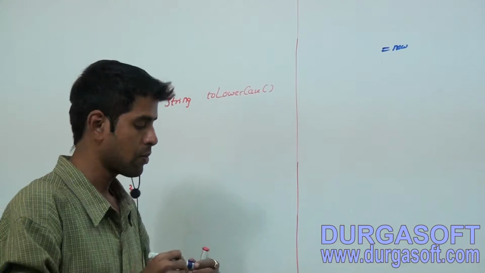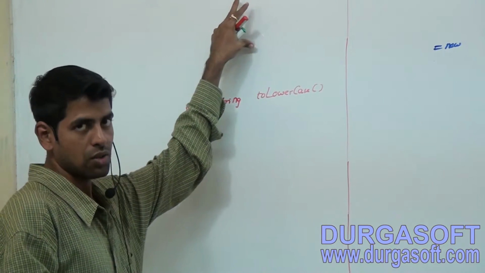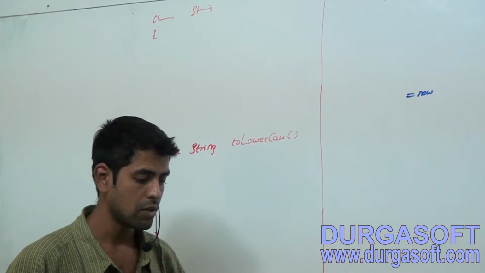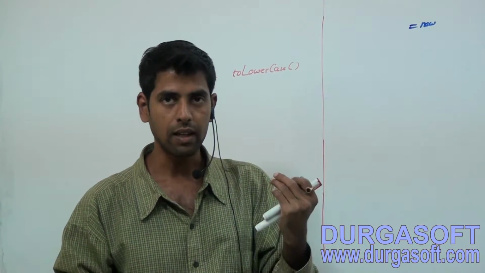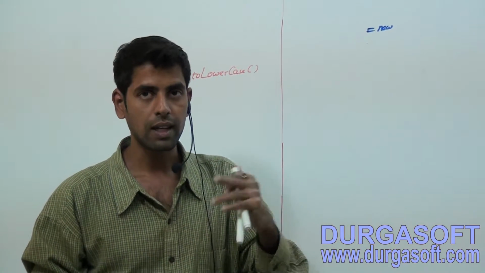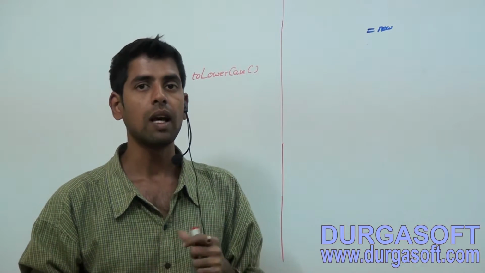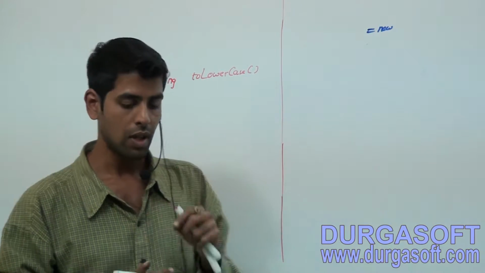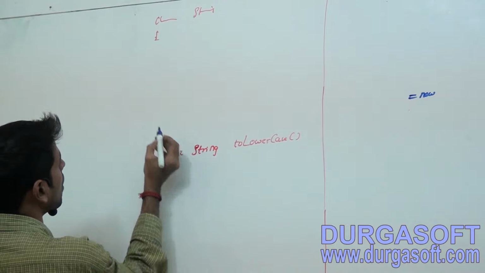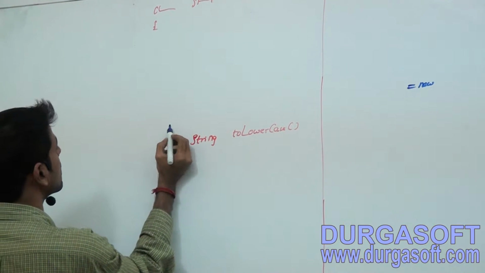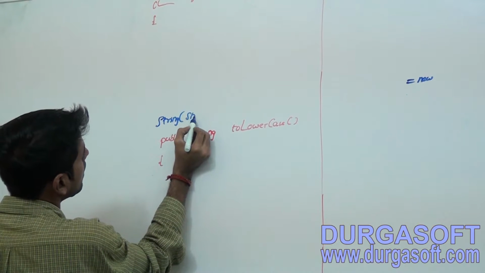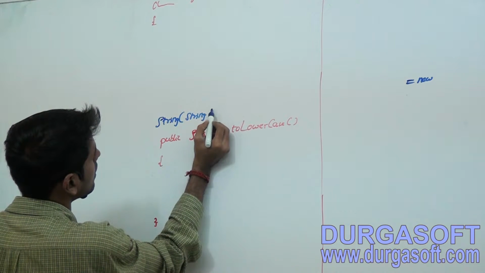Observe, as part of this string class, we are having some 5 types of constructors. Among those, I'm going to use a constructor having an argument of string type.